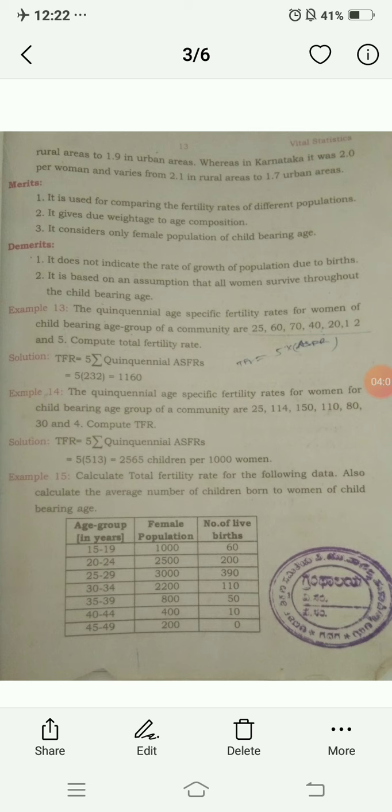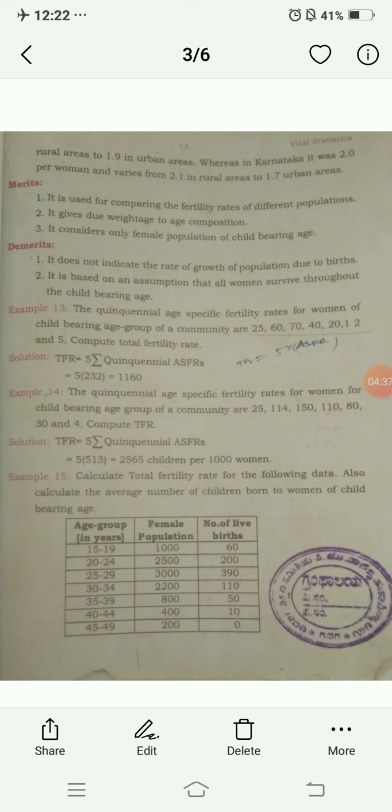Next problem: the quinquennial age specific fertility rates for women of childbearing age group of a community are 25, 114, 150, 110, 80, 30 and 4. Compute TFR. This problem is the same as the previous one, so apply the same procedure.